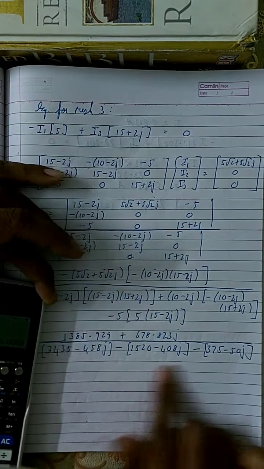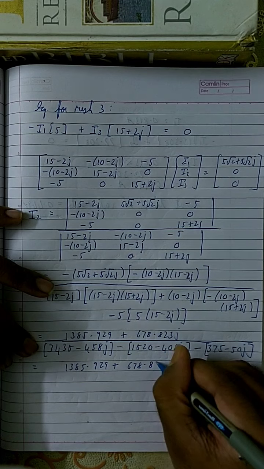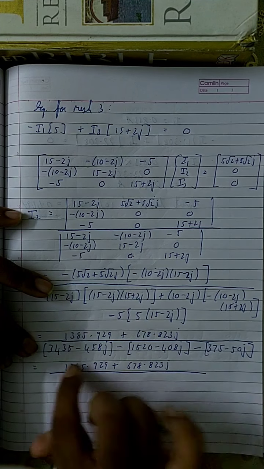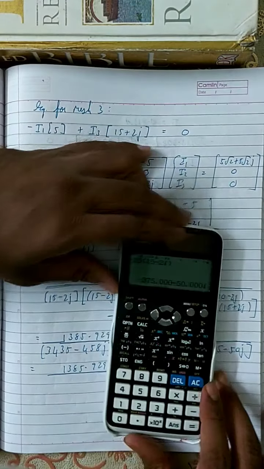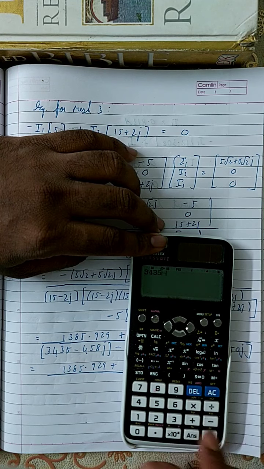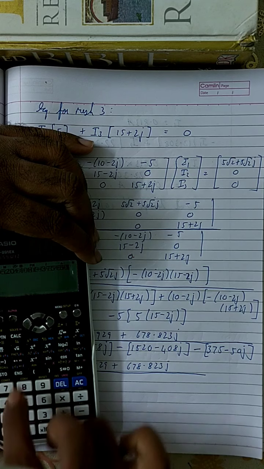This is the equation, which means your numerator is 1385.929 plus 678.823j, by, now your denominator is 3435 minus 458j. Okay, then we have minus 1520 plus 408j, then you have minus 375 plus 50j.